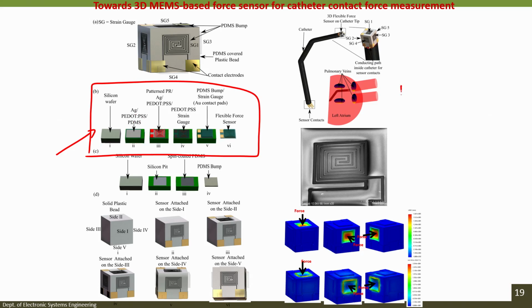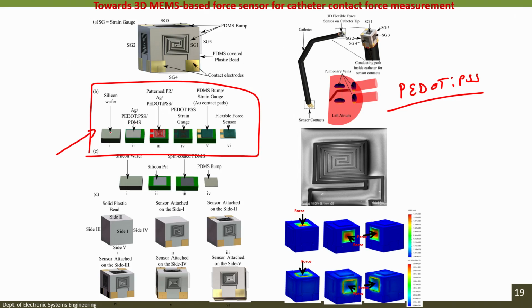On the conducting polymer we deposit a thin layer of silver. The reason for using silver is that you have better adhesion of the PEDOT:PSS on the substrate, and that PEDOT:PSS is on PDMS.